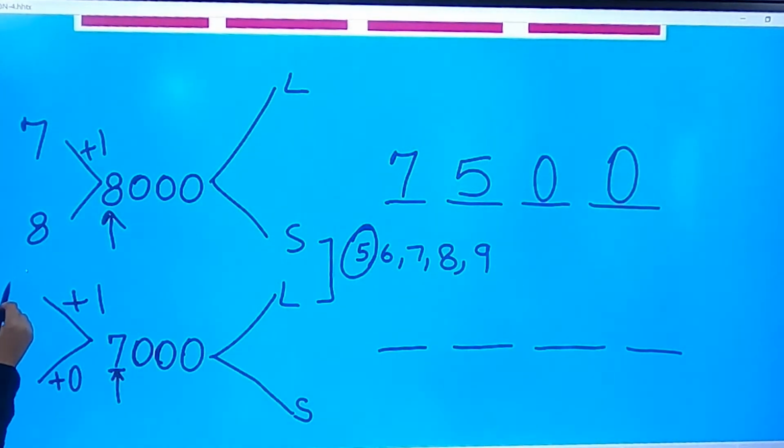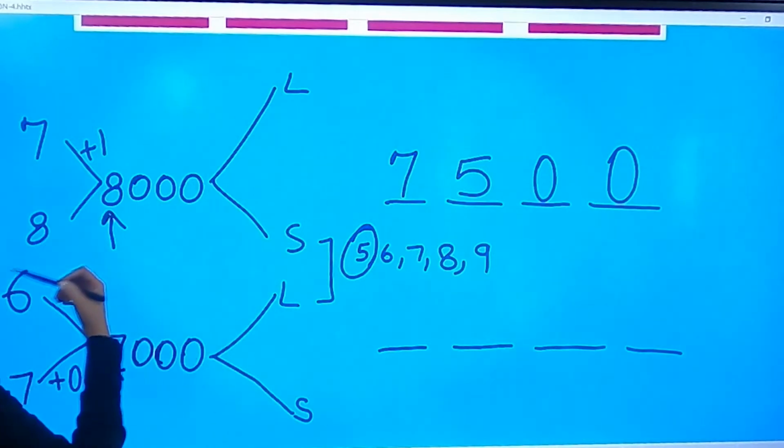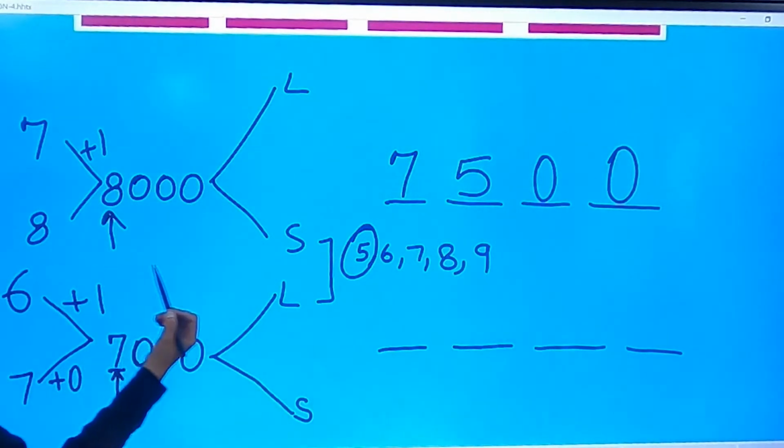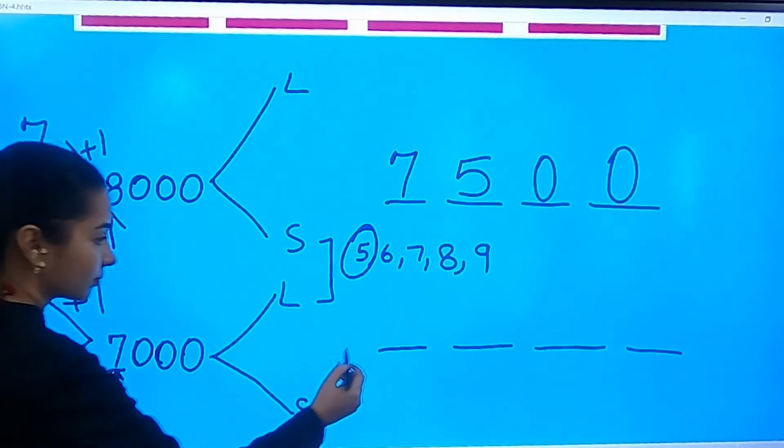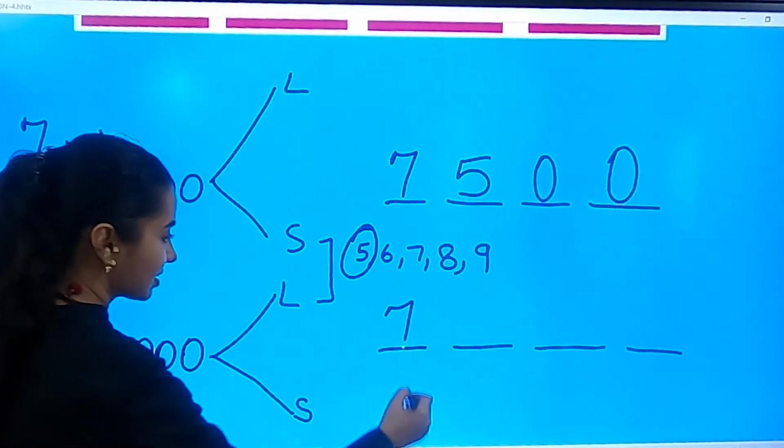So if 1 was added to it, the original digit must have been 6. If nothing, then the original digit must have been 7. And this time we are making the largest number, we want the largest digit over here. So we will choose 7. We have chosen 7 here.